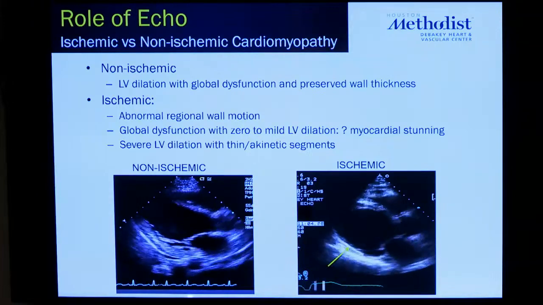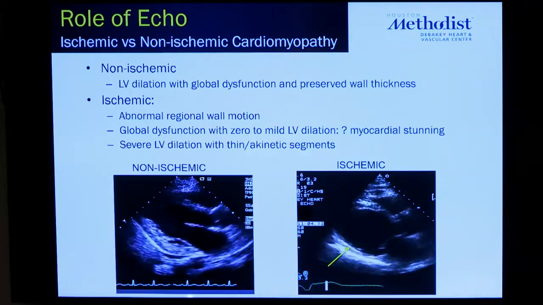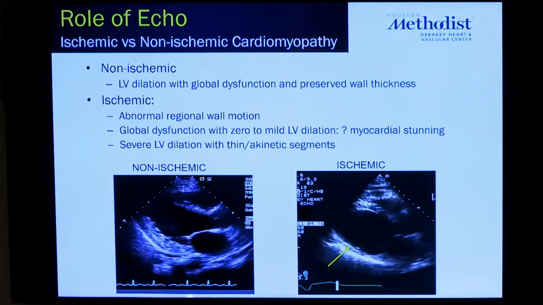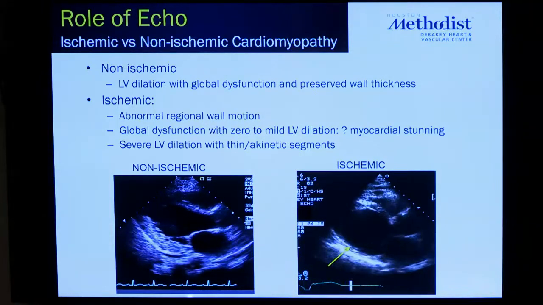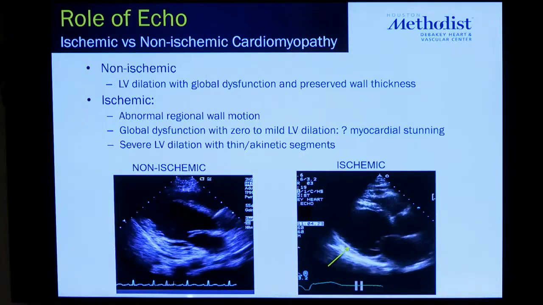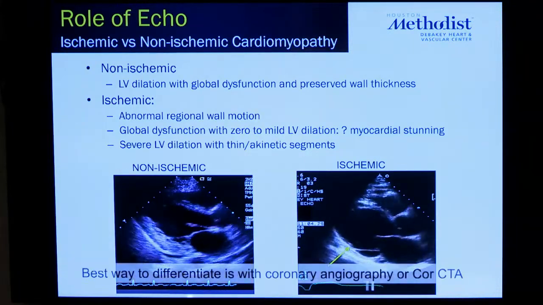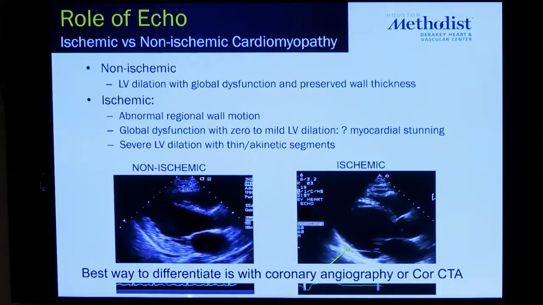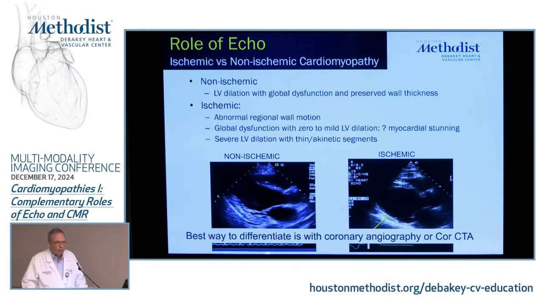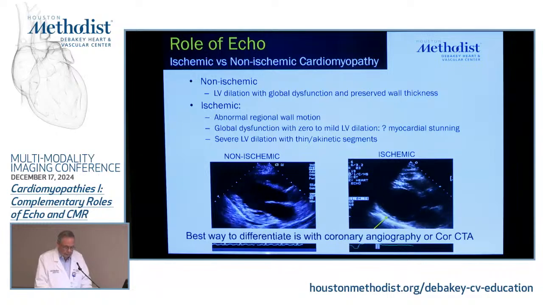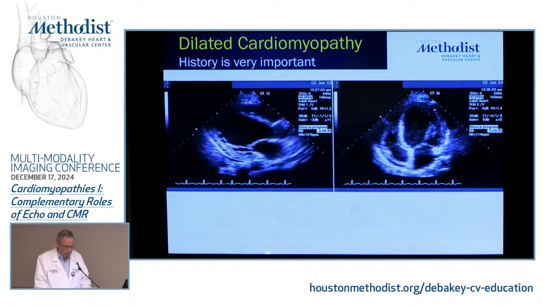So a lot of these, when you have an echo in front of you that you're evaluating, really the clinical presentation is extremely helpful. EKG findings, all of that can help you point in a direction as to where you should go next. And quite often, one of the very first tests that we go for is proving or disproving that the patient has significant obstructive coronary artery disease. And today, of course, we can do that with coronary CTA without having to always do an invasive coronary angiogram.